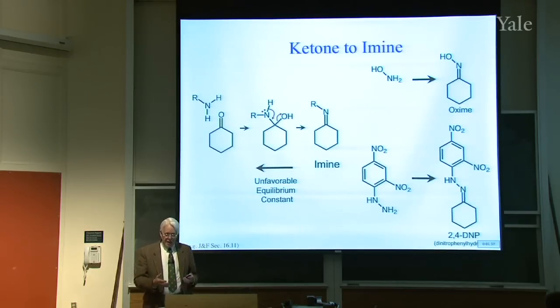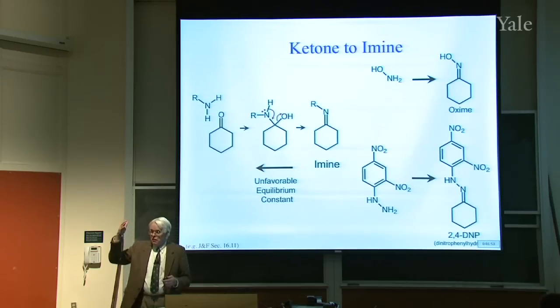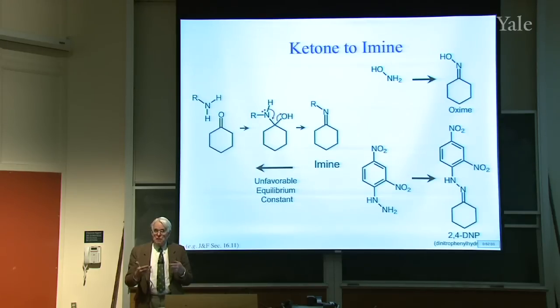But if you treated them with hydroxylamine at the top or 2,4-dinitrophenyl hydrazine at the bottom, they created the oxime or the 2,4-DNP derivatives, which were easy to crystallize and gave nice sharp melting points. So there were tables of all different ketones and what their oximes melted at and what their 2,4-DNP derivatives melted at. So you made a couple of these derivatives, measured their melting point, and then you knew what ketone you had if you didn't have NMR to help you out.